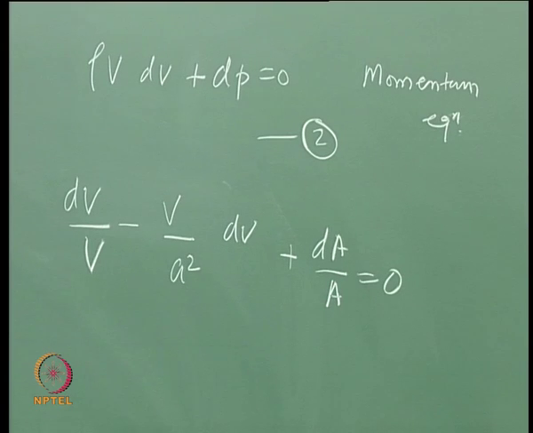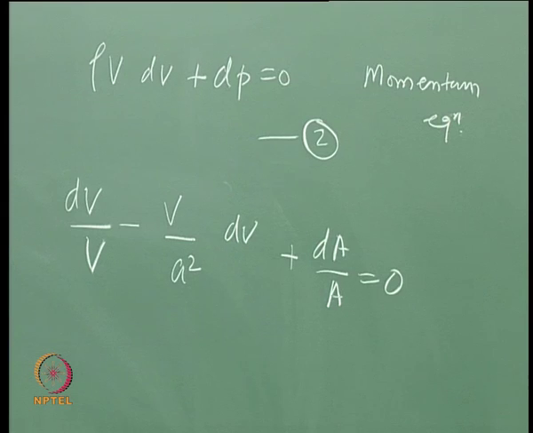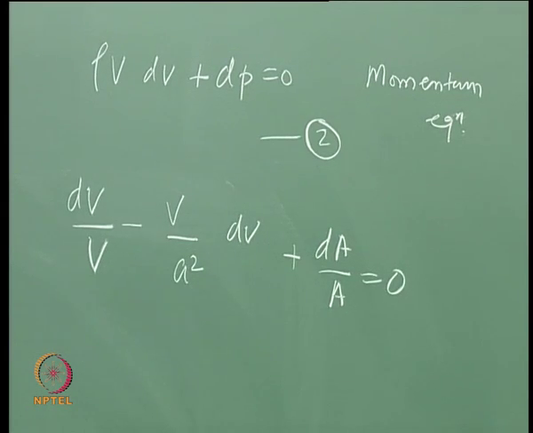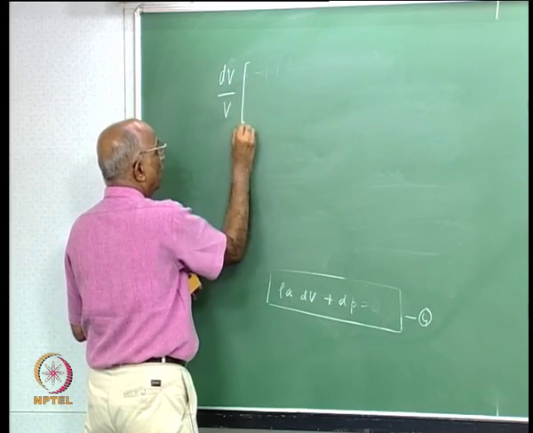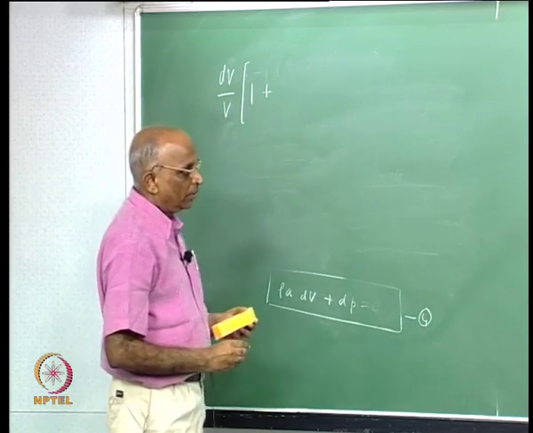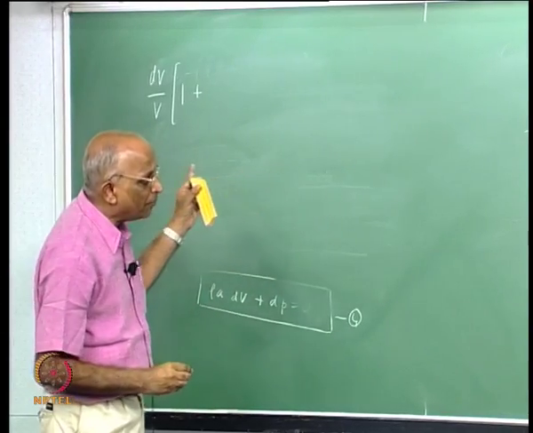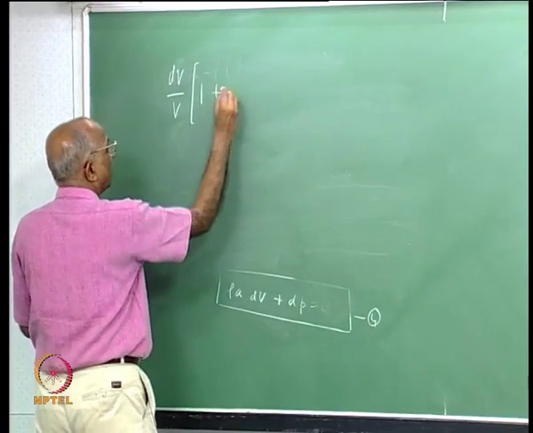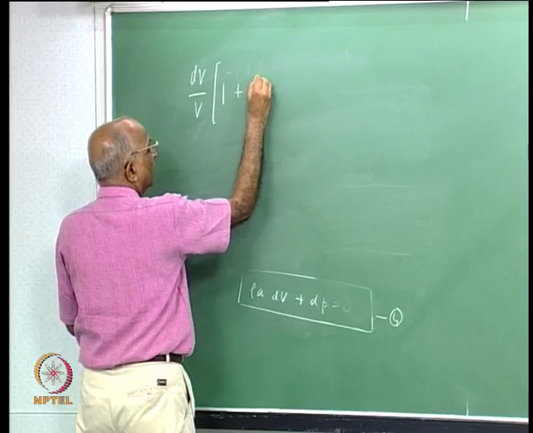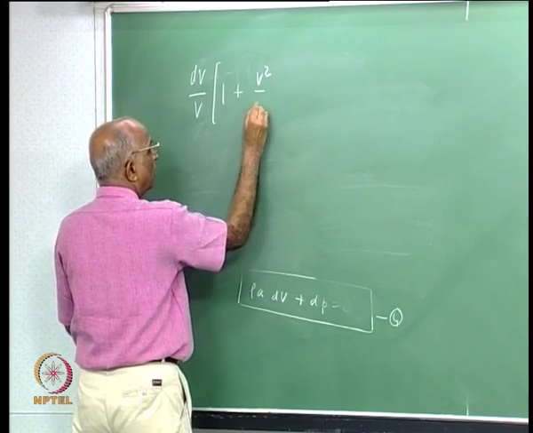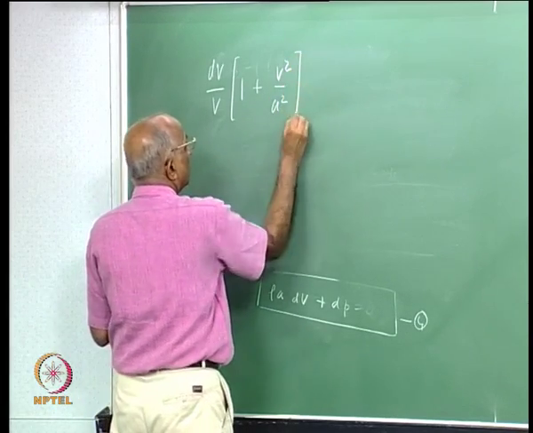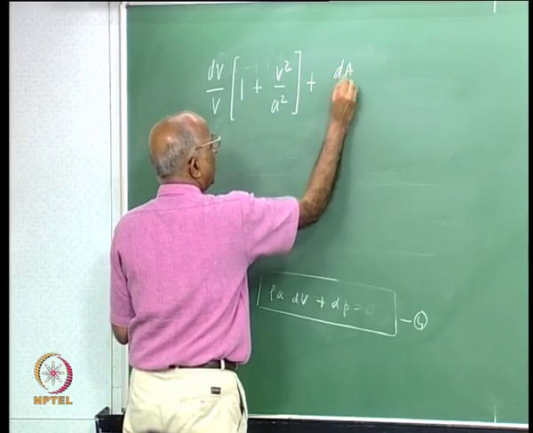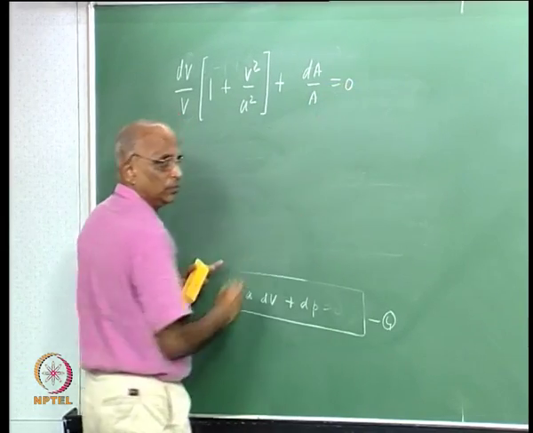Let us simplify it and write it down over here. Therefore I get dV by V into 1 plus, I took V outside at the denominator, therefore I get V square on top divided by A square, plus dA by A is equal to 0.